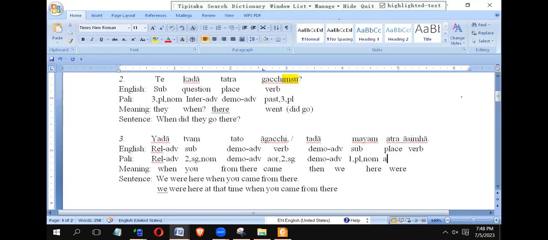Demonstrative adverb. So the last one, asimha. Asimha is a verb. First person plural aorist.